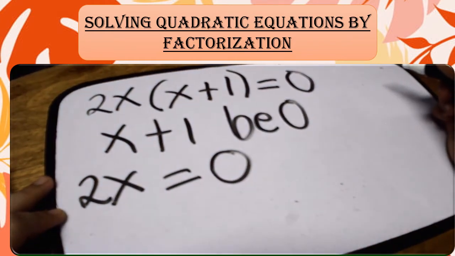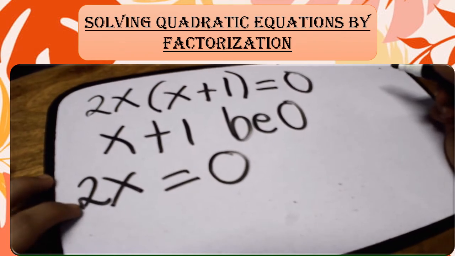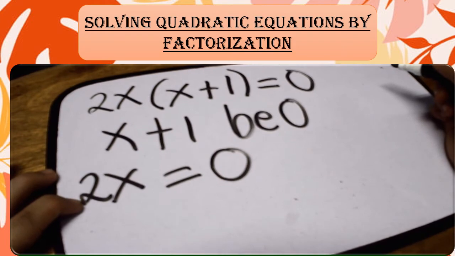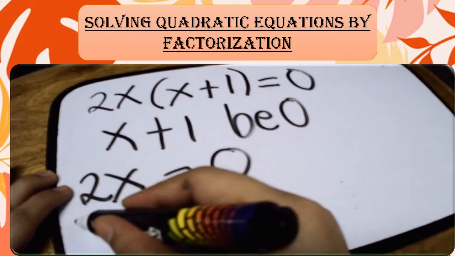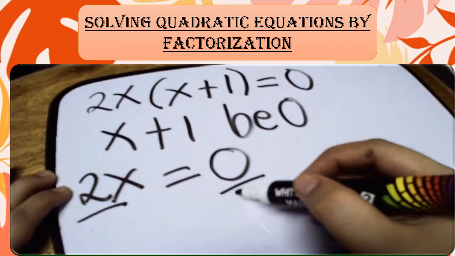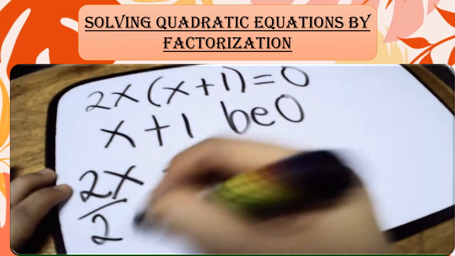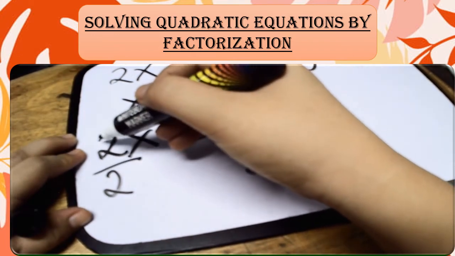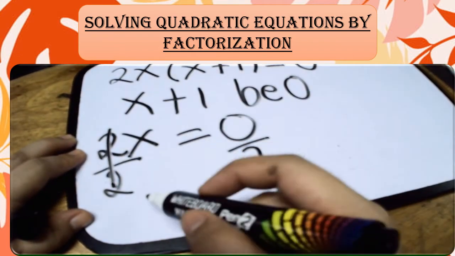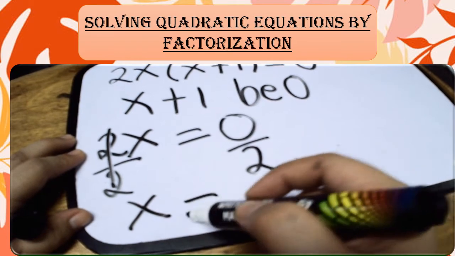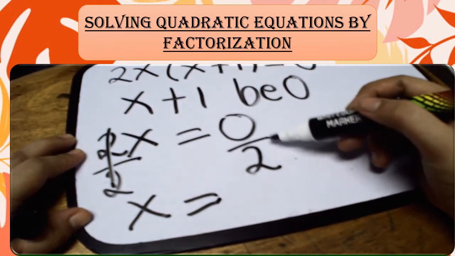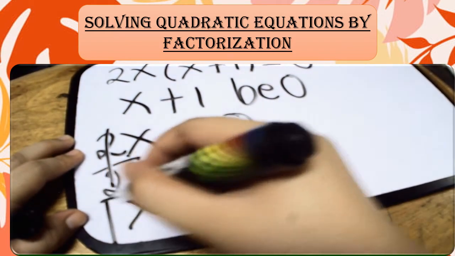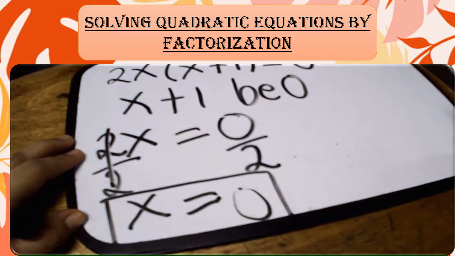Again, as you can see, there is a constant value before x, which is 2. To cancel 2, divide both sides by 2. So 2 divided by 2 is 1, and x is equal to 0 divided by 2, which is 0. So our first x is equal to 0.